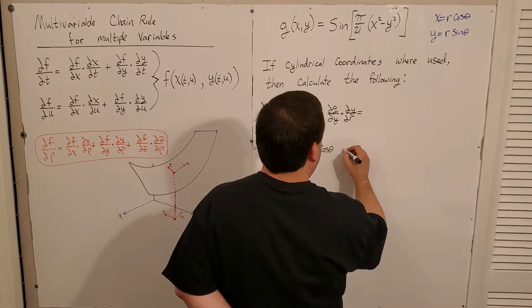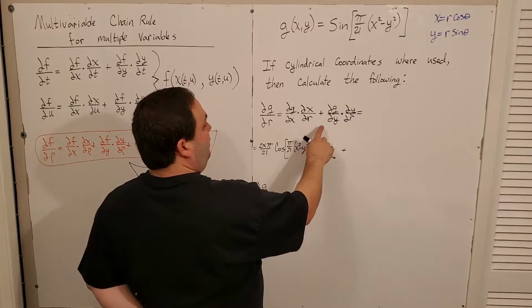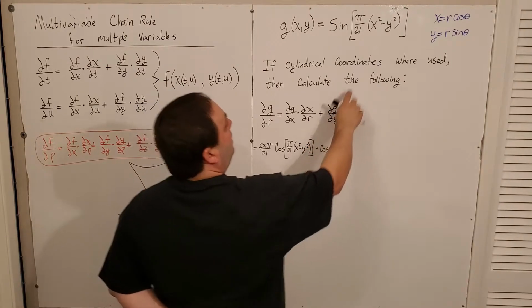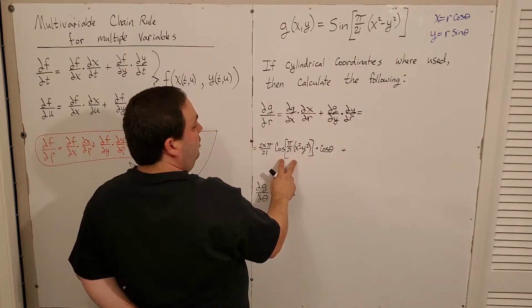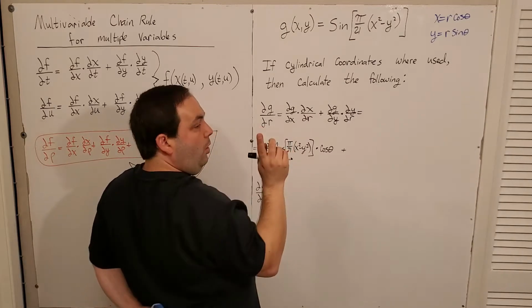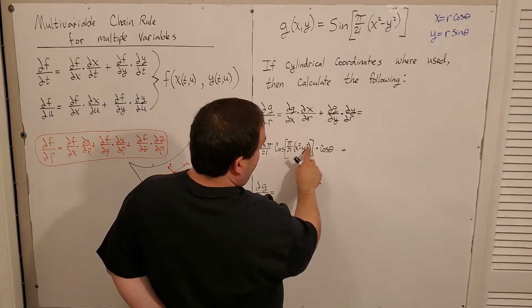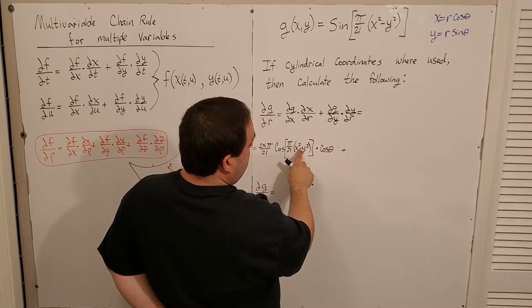Plus, I would be doing the partial of g with respect to y. It's going to be very similar to this one, but the derivative of the y piece inside has the minus.